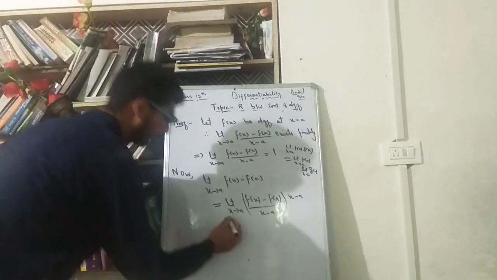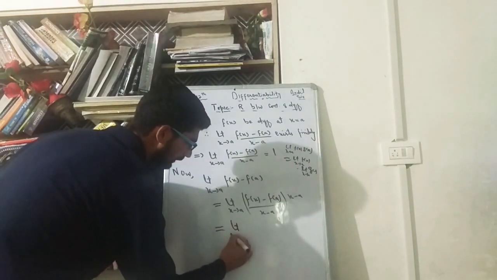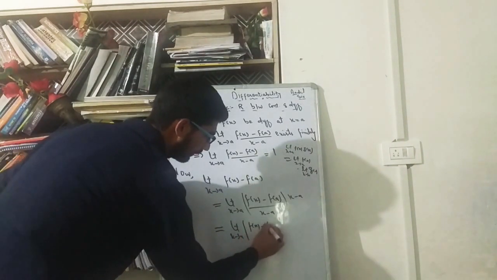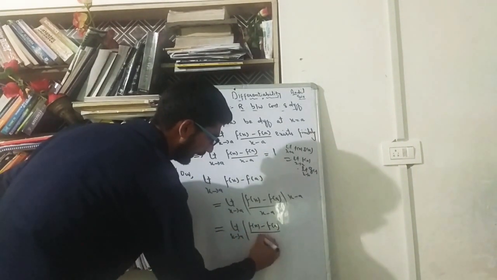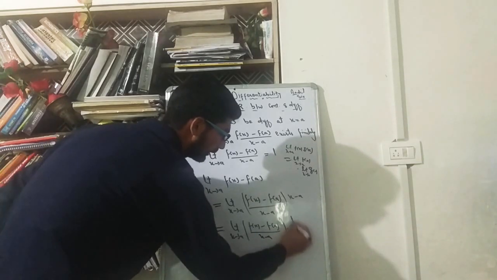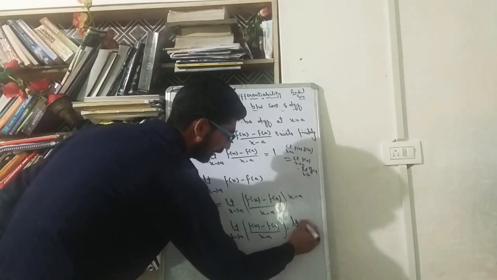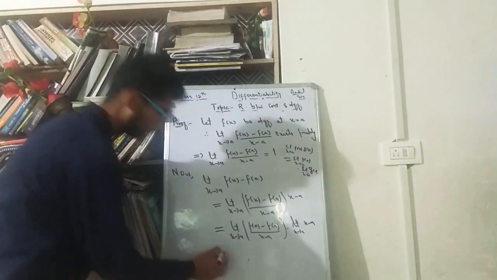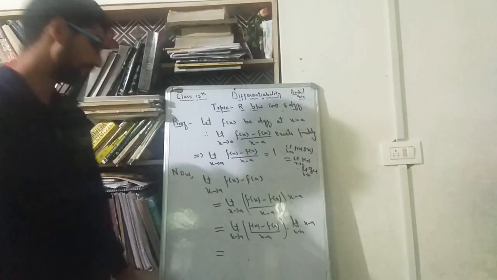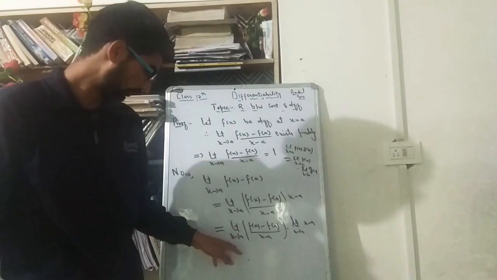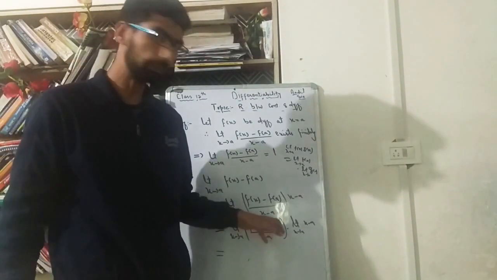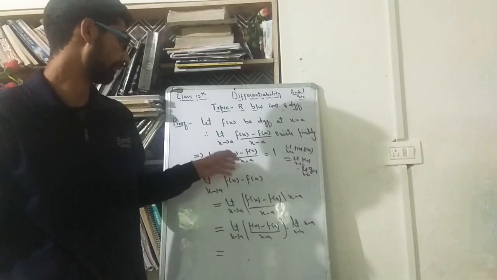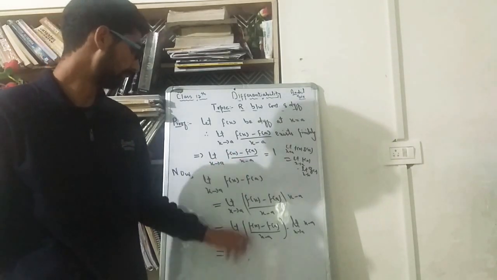So it will be the limit as x tends to a of f of x minus f of a divided by x minus a, into the limit as x tends to a of x minus a. Now you just check here: this is the limit as x tends to a of f of x minus f of a over x minus a. We have already given that the function is differentiable and got that this limit is equal to L.